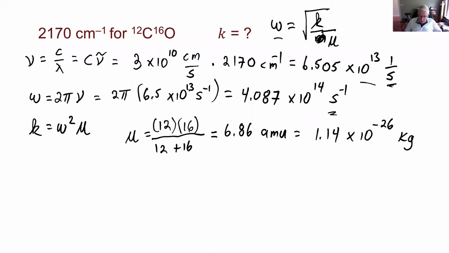You can also just look up a conversion factor if you've got that handy. That's perfectly fine. Now we just solve for K. K is equal to omega squared times mu, which is equal to 4 times 10 to the 14th, squared, times the reduced mass.